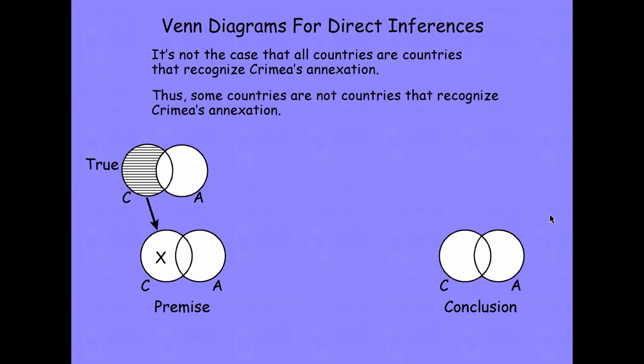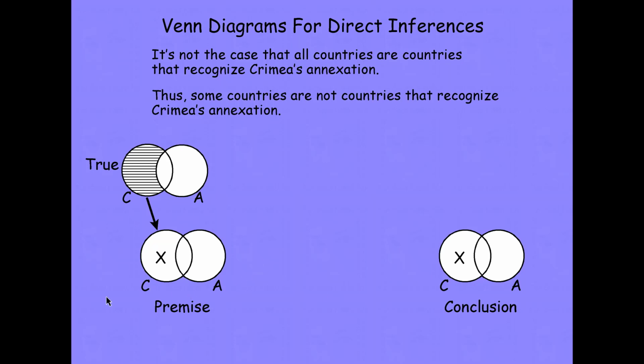And so we put an X in C and only C, that area that is in C, but outside of A. And that's what we need at minimum for this particular negative statement to be true. So here's what we need to make our conclusion true. There has to be at least one thing. It's a country. It's not a country that recognizes Crimea's annexation.